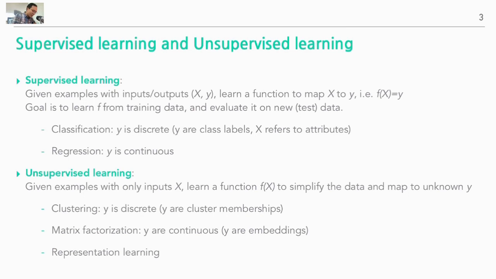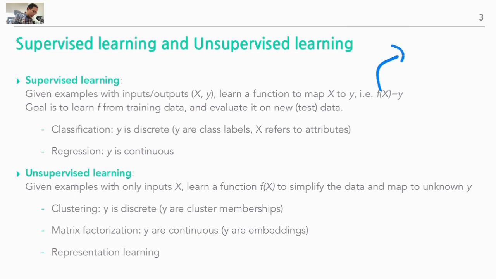When we learn this function, we can predict the output from any new input. So this is the preparation. The guidance is from the data available. We learn the function, and then now we are ready for the new test data.